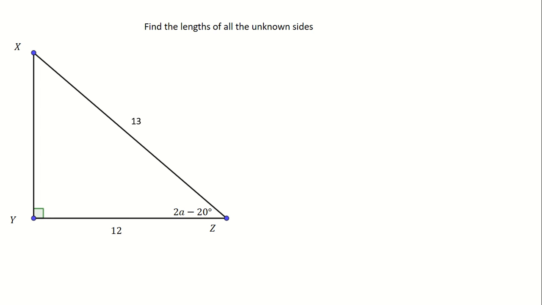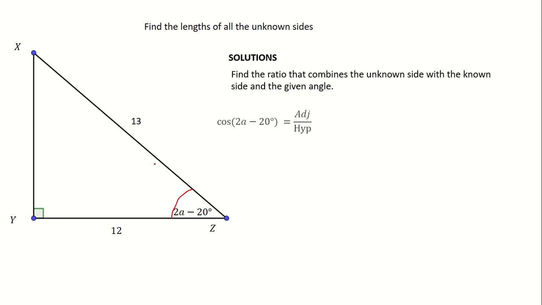Here we have the adjacent as well as the hypotenuse, okay, and that is adjacent to this angle. Adjacent to that angle is 12 and hypotenuse will be 13, and the only ratio that has adjacent and hypotenuse will be cos. So I will simply say cos of 2 alpha minus 20 degrees is equal to adjacent over hypotenuse.